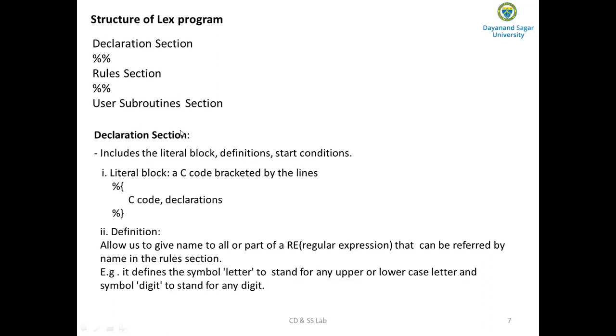First is the declaration section. What does it contain? The declaration section includes the literal block, definitions, and start conditions. The literal block is nothing but C code bracketed by these lines: percentage opening brace and ending with percentage closing brace.